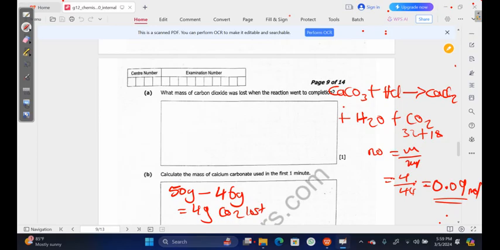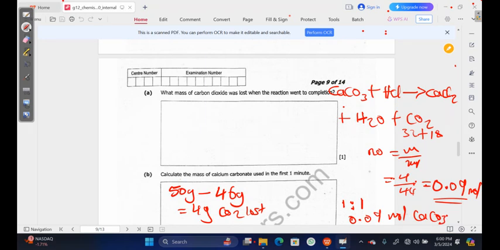Then now let us find the number of moles for calcium carbonate based on their ratios. We have from our equation the ratio of carbon dioxide to calcium carbonate to be 1 to 1. So this simply means that at 1 minute we also had 0.09 moles of calcium carbonate because their ratio is just 1 to 1.